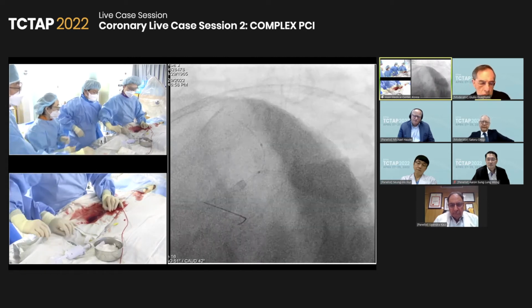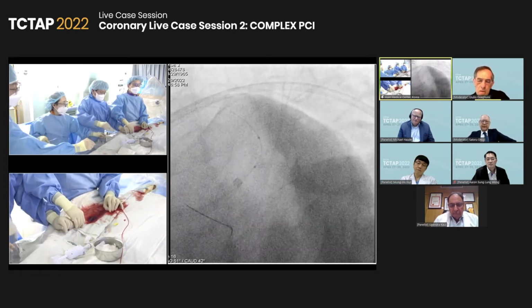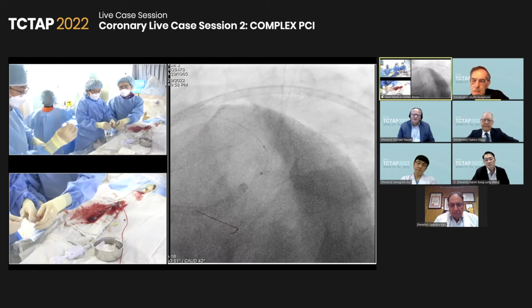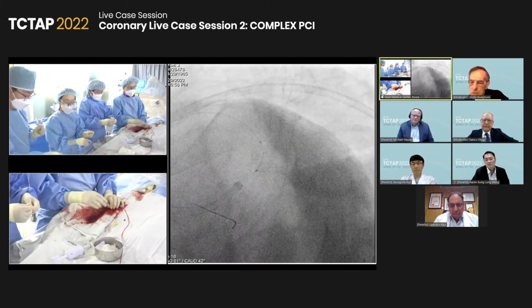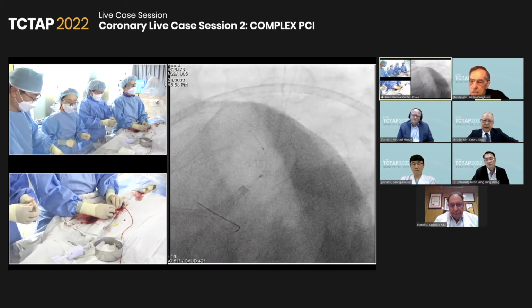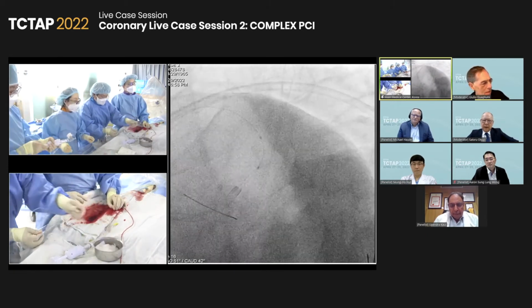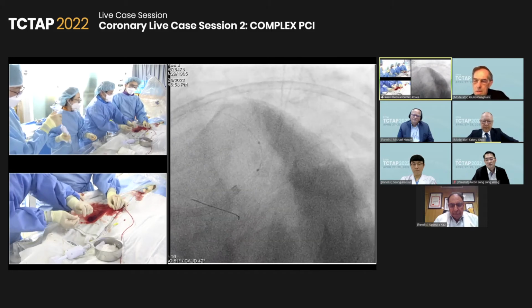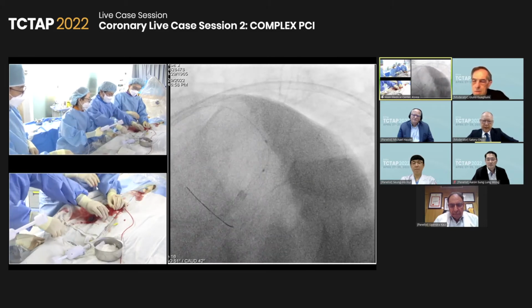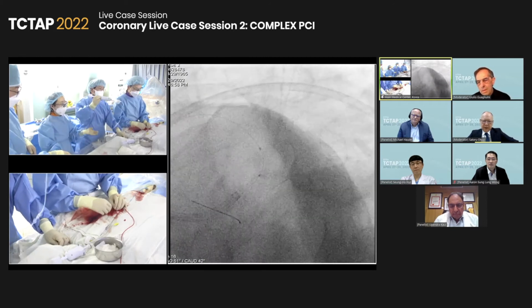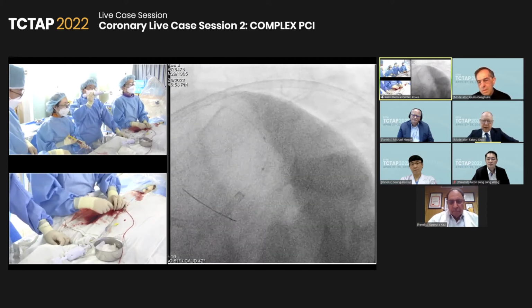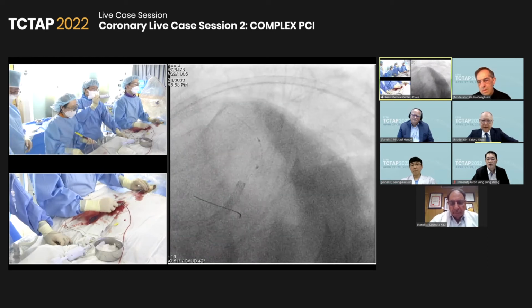Okay, so Satoru, there is conflicting data about the value of IVL when you have a huge eccentric nodular calcification. What do you think about that? I have only a small experience with IVL, but in concentric calcium cases, IVL is very effective.